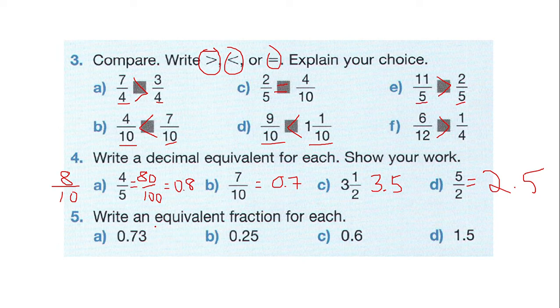And now write an equivalent fraction for each. This is saying 73/100ths, so we can write it just the way we say it, 73/100ths. Same thing for 0.25. We can say this as 25/100ths, and we can write it like that. This is 6/10, so we can write it as 6/10, and we can say this as 1½.